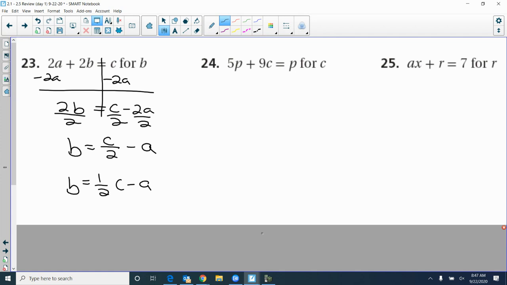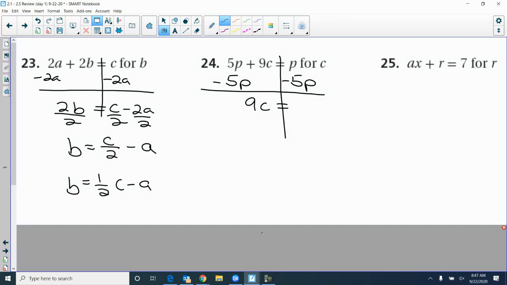All right, 24 has a little bit of, and some of you caught it, one thing you got to watch. Allie, what do you think here? First step. Subtract 5p. Okay, subtract 5p and tell me what to write. 9c equals p minus 5p. This is the one case where these are like terms. This is the only problem like this, because with something like C minus 2a, you can't combine those.